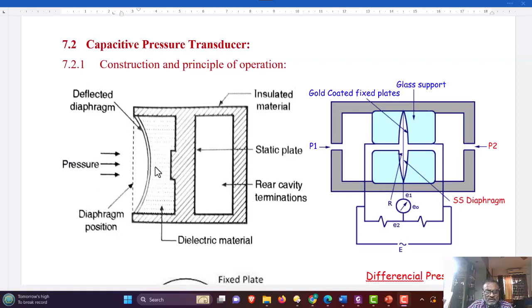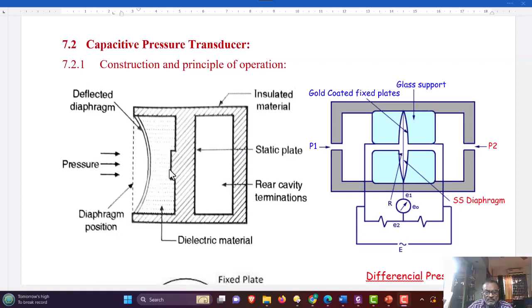Therefore, the distance between the diaphragm and the internal static plate is changed. This internal static plate and the conducting diaphragm act as a parallel plate capacitor. Therefore, the capacitance of the capacitor is proportional to the distance between the plates.